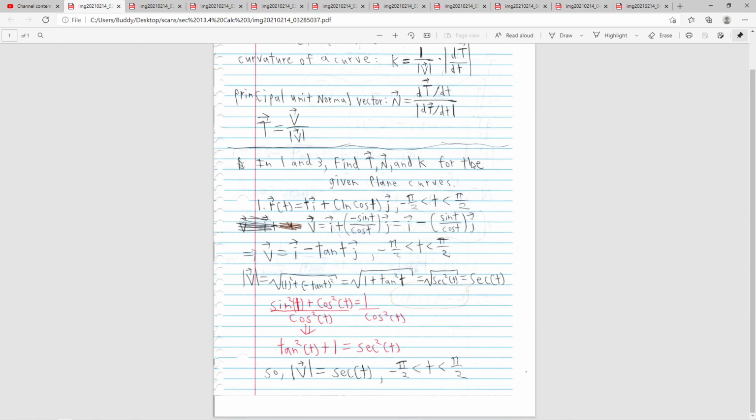There's a reason it has to be less than and not less than or equal to. Sine and cosine are fine for any term.